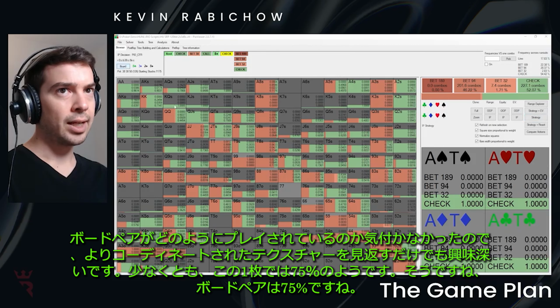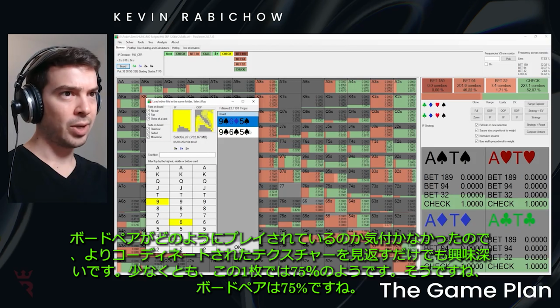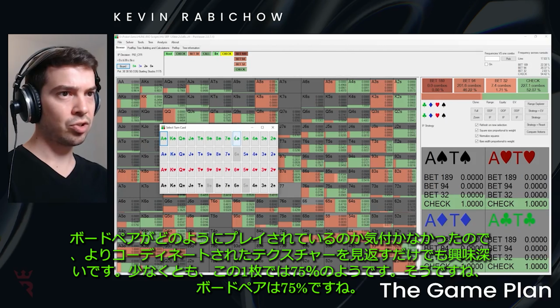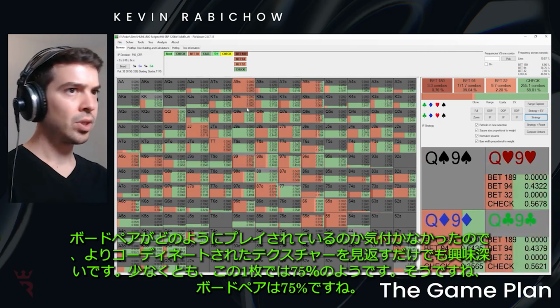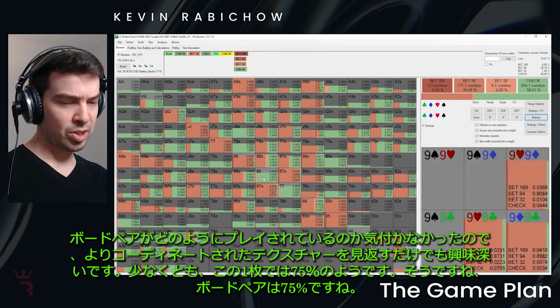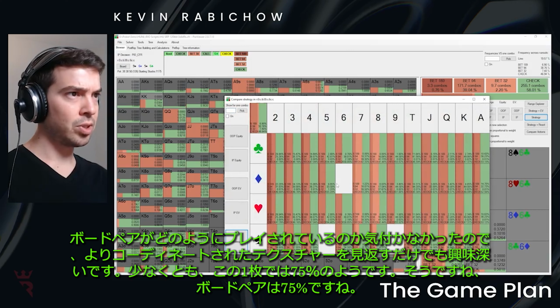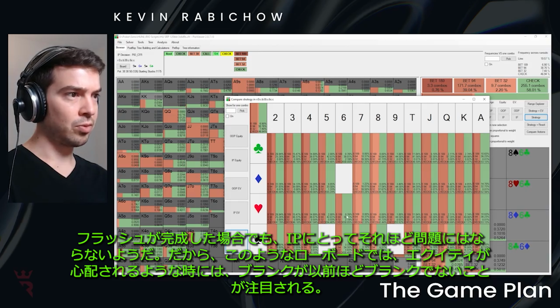I am curious just to look back at the more coordinated texture, because I did not notice how board pairs were getting played. Looks like also 75%, at least on this one. Yeah, so 75% on the board pairs. Even when it completes the flush, it doesn't seem to be such a problem for in position.